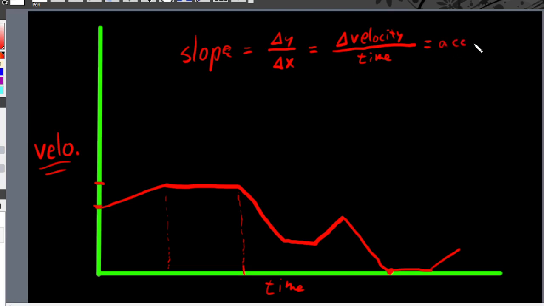And so we see that the slope of a velocity versus time graph is the acceleration. All right. And again, we can see it has a positive acceleration, then no acceleration, meaning it's constant velocity. That doesn't mean it's not moving.